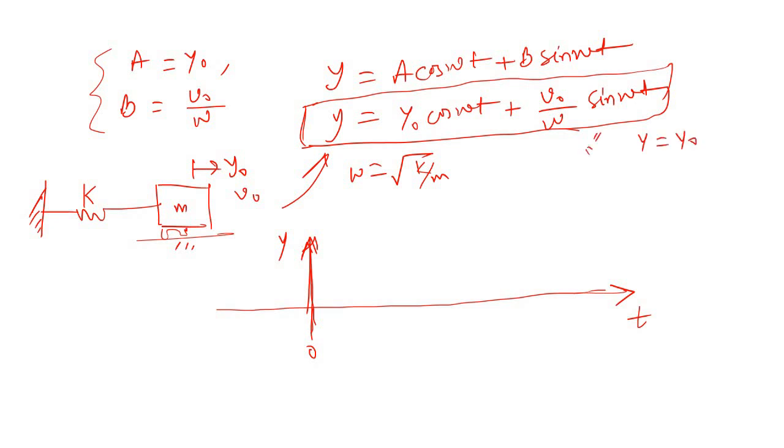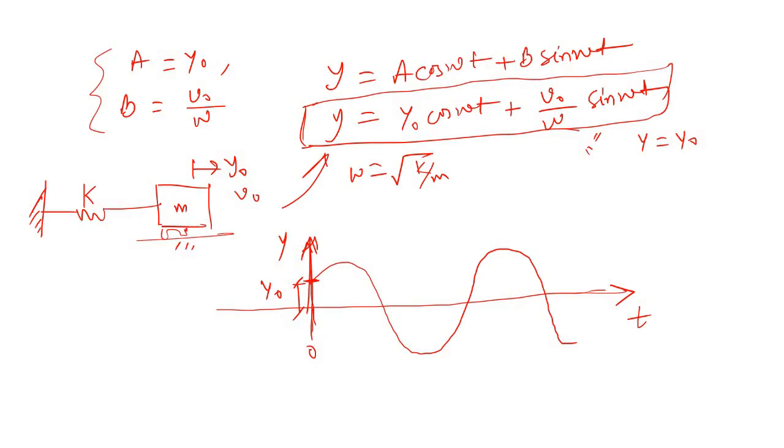This one is 0 and cos omega t is equal to 1 at t is equal to 0. So initially you have some value that is y0, right? And from here the oscillations start and it goes like this, right?